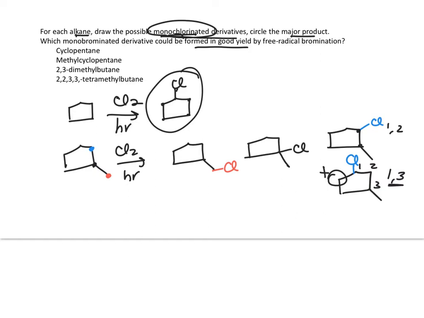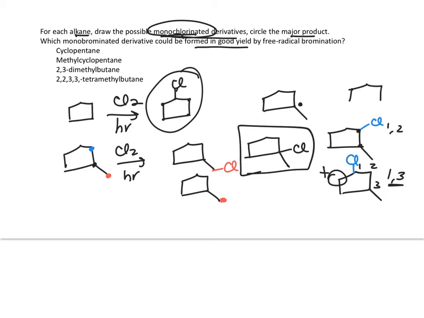It also says circle the major product. The major product is going to be the more substituted, because that's going to give you the more stable intermediate, that free radical here. The intermediate that leads to this product has a primary radical, and the one that leads to these products gives you a secondary.